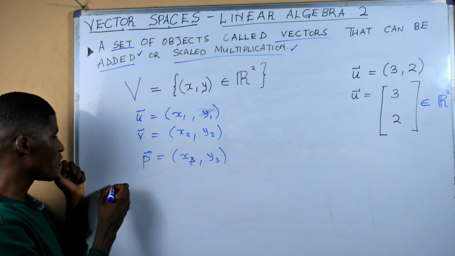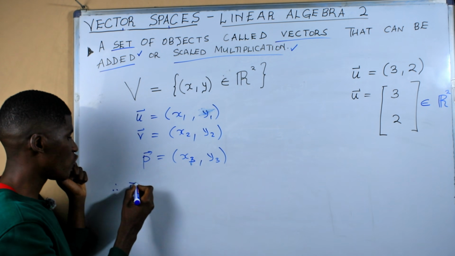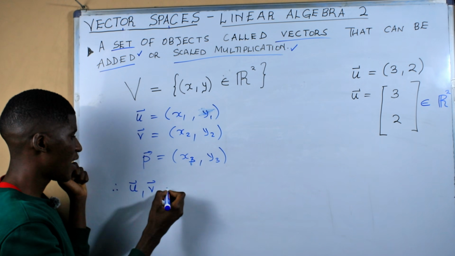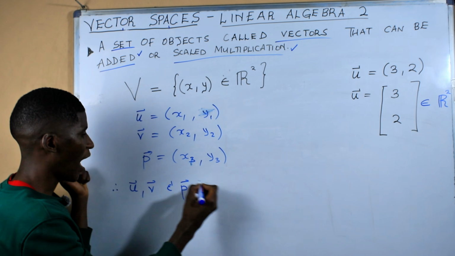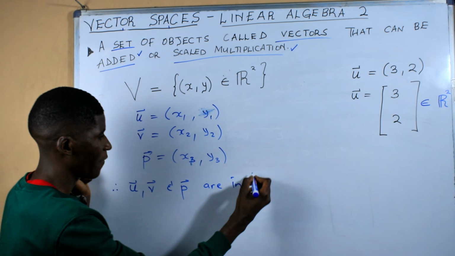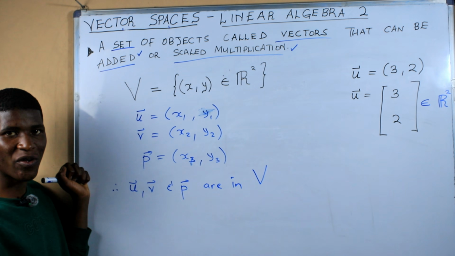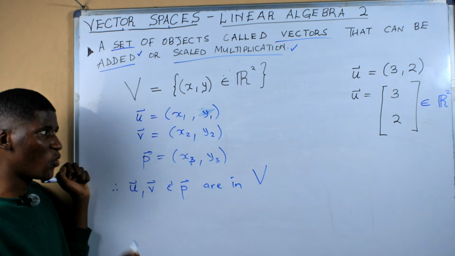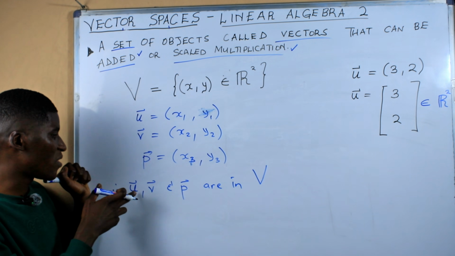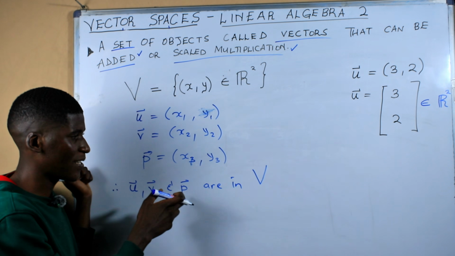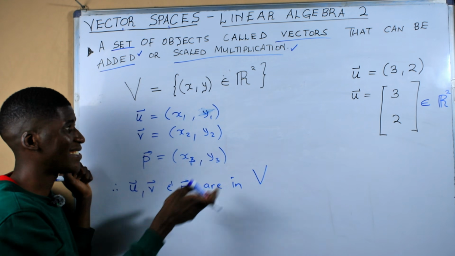So mathematically, we say that vector u, vector v, and vector p are in V. That's how we usually conclude in linear algebra terms.